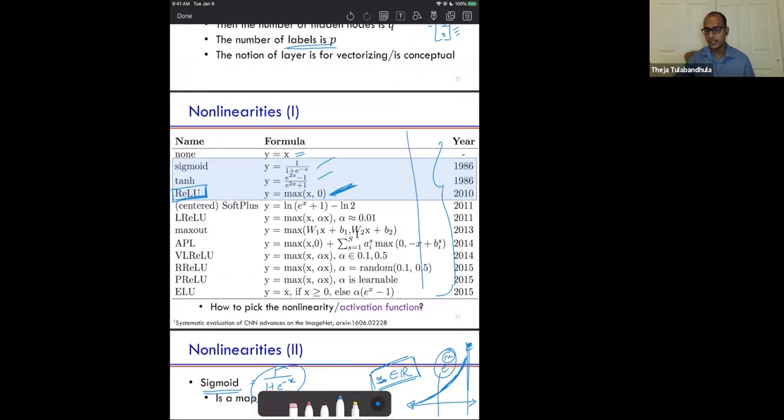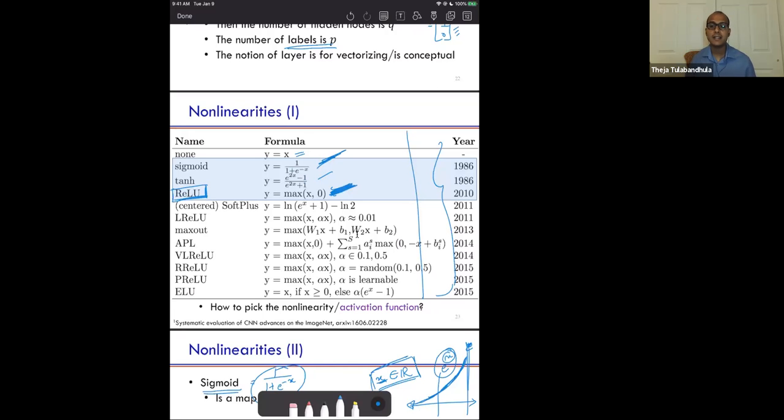There are so many others. You can always change that, but that just changes the function. Just like in a model, if I change the parameter from one number to another, it's a different model. Similarly, I'm changing the structure of the model itself. The moment I change from max of x comma 0 to the sigmoid nonlinearity, it's clearly a different function.